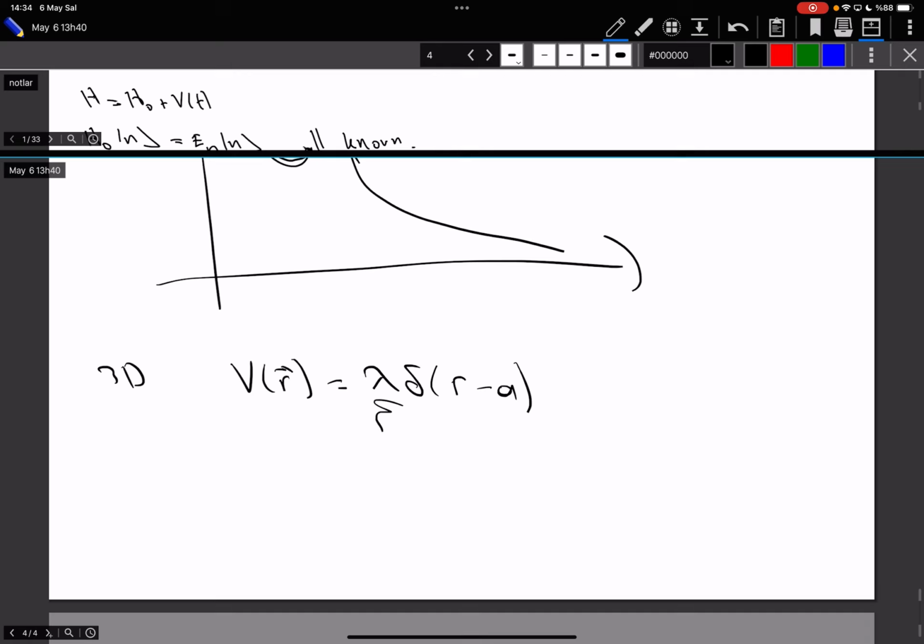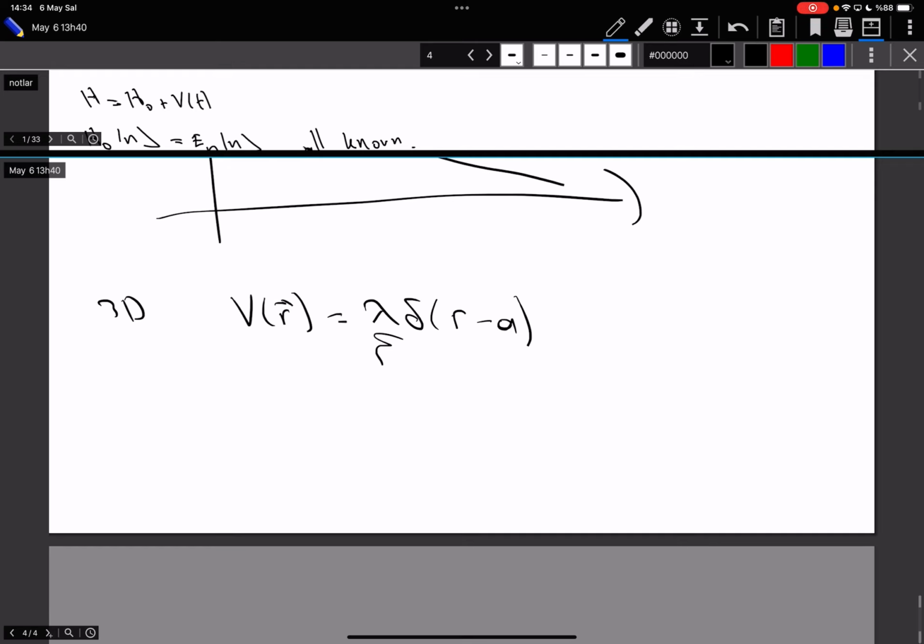Now, the eigenstates inside the shell will have positive energy. If lambda is not infinite, but finite, then you don't have any eigenstates that are localized inside the shell.